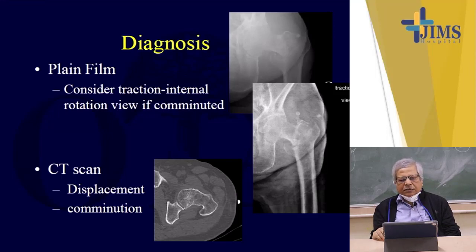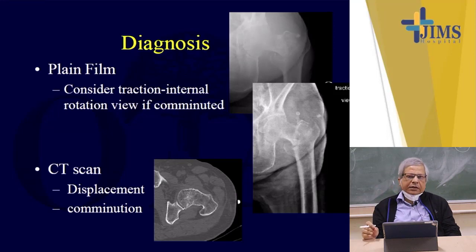The diagnosis is confirmed by a plain X-ray, AP view or a lateral view. It's difficult to take a true lateral view. AP view is sufficient in most of the cases.